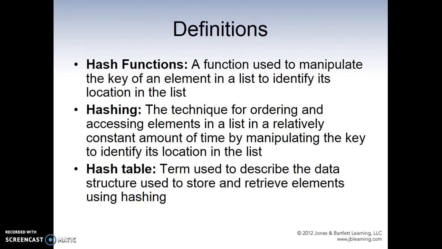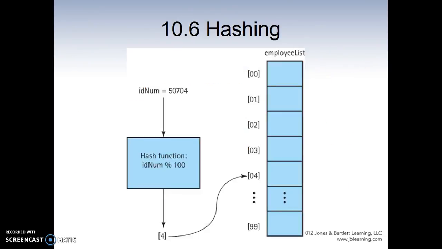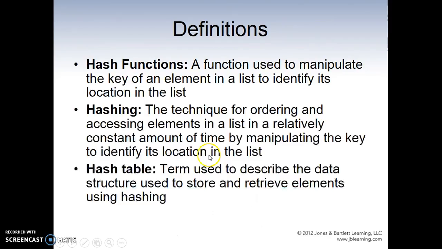Hash functions. You may see that the original list itself could be stored on the hard disk or in the database, and we only look at the interested employee and put it in the smaller array list with the hash function. A hash function is a function used to manipulate the key of an element in the list to identify its location in the list.